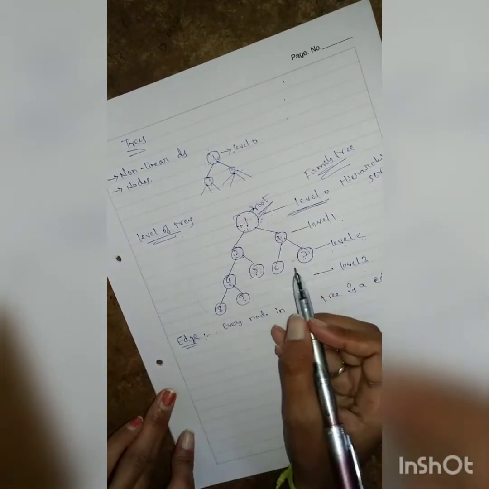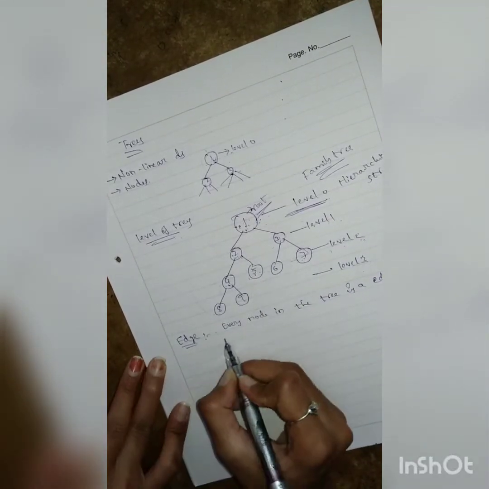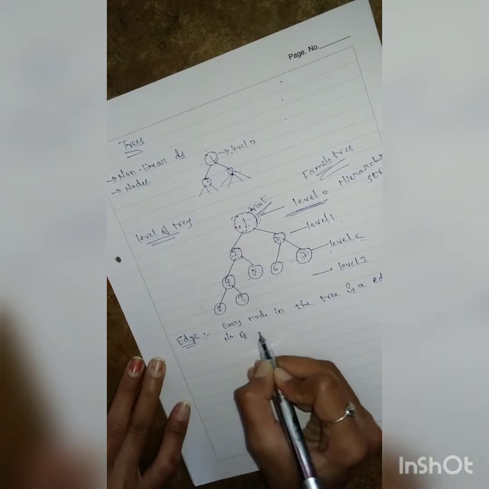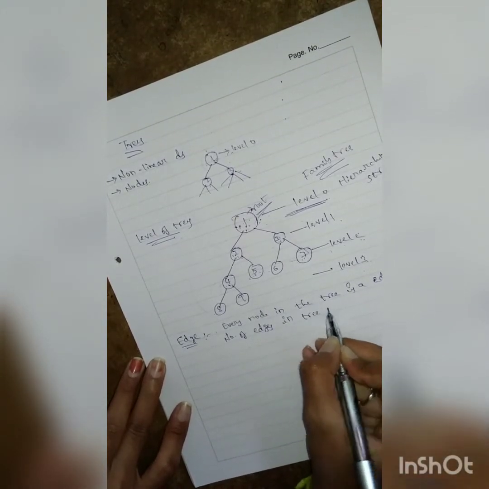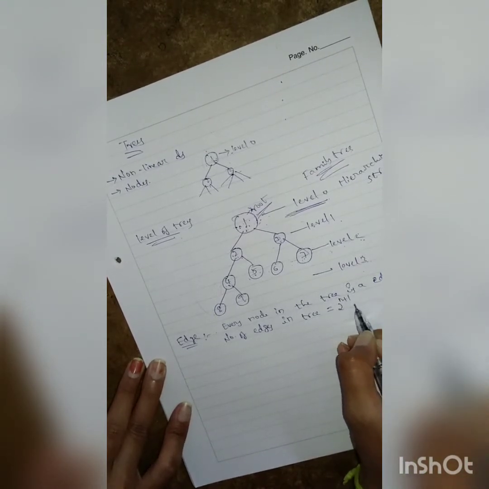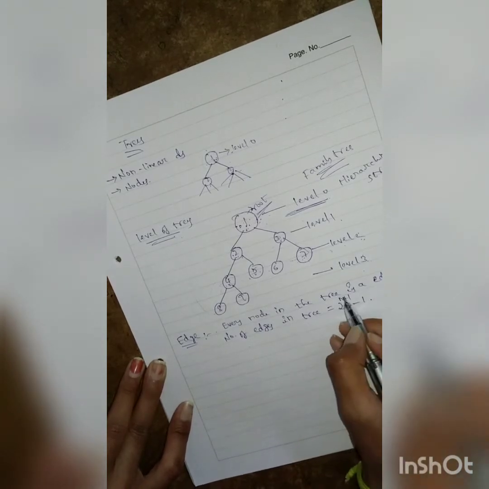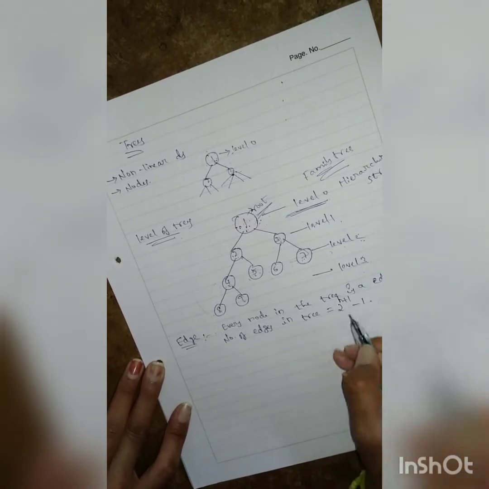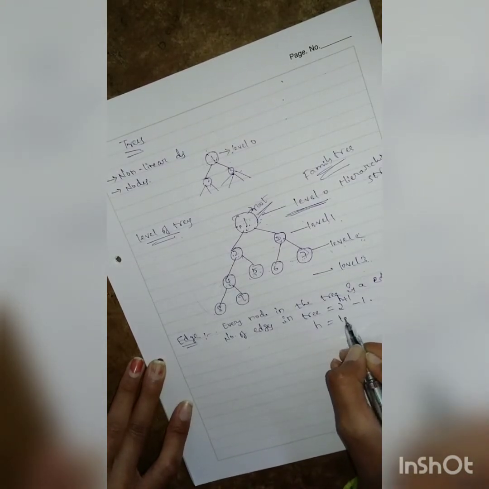So how can we say how many edges or nodes are present in a tree? The number of nodes present in a tree is given by the formula 2 power (h plus 1) minus 1, where h is the level of the tree. We know levels: level 1, level 2, level 3.